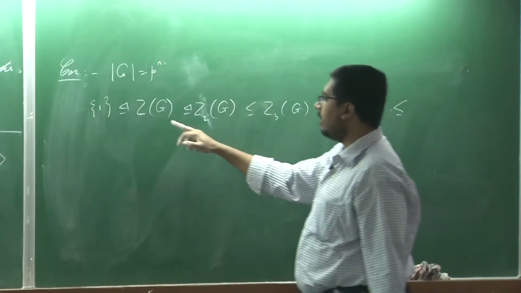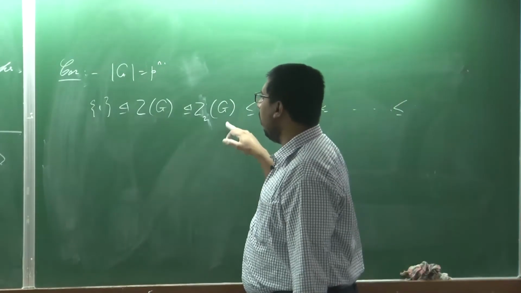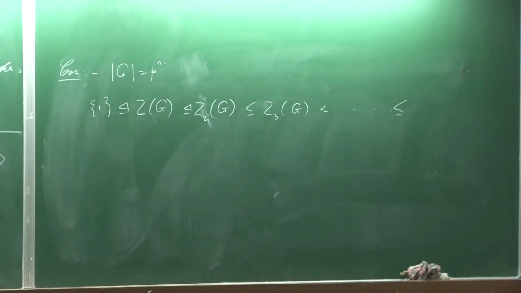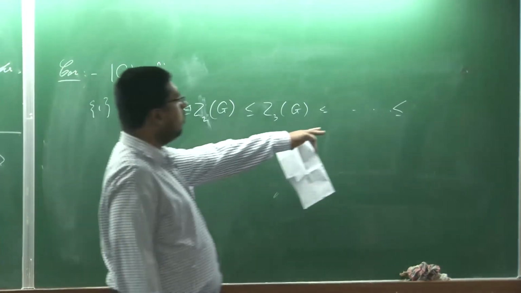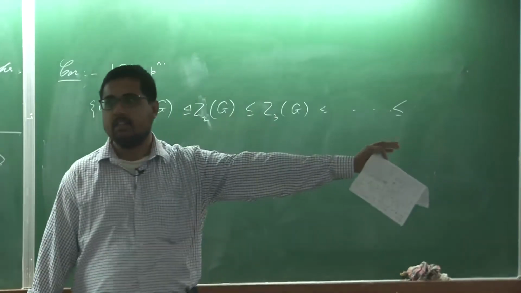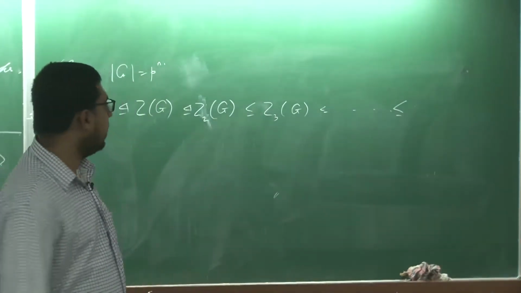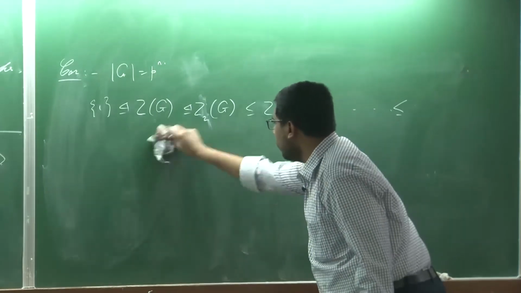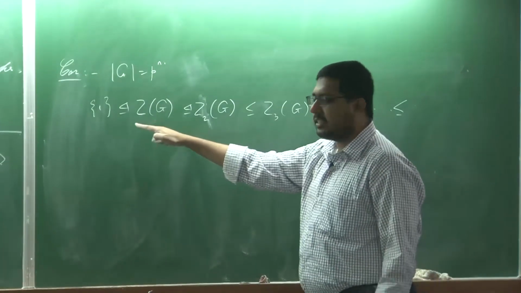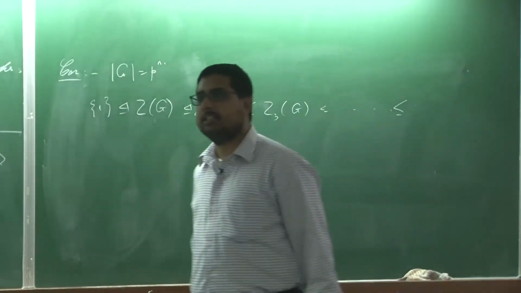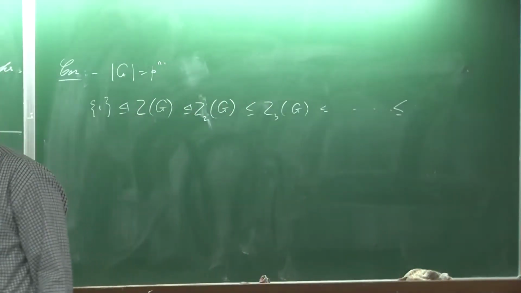You see that at every step the order increases by a factor of at least p. So the strict containment can go up to the nth stage, and the maximum stage can appear when at each step the order is being increased by the factor p.